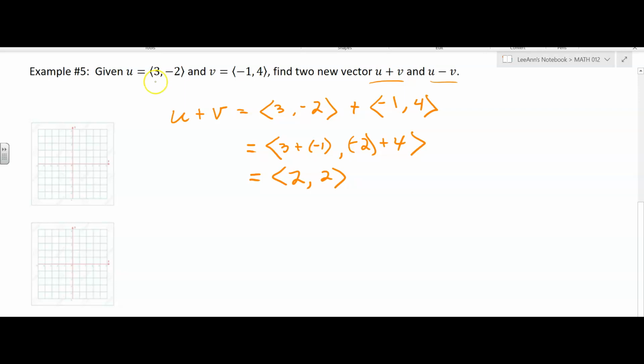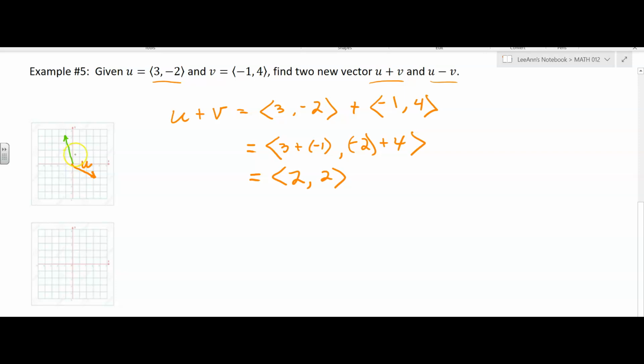If I take this first position vector, 3, -2, and I say that that is vector U. Now, the position vector V is -1, 4. So it would look like this, right? But now you've got to pick it up so that it's matching tip to tail.